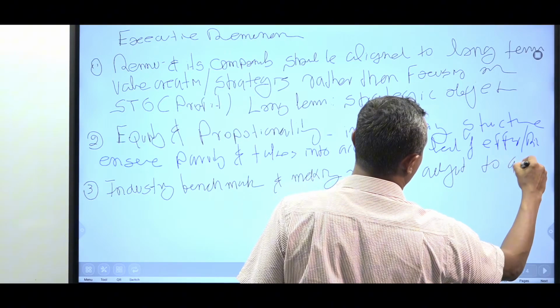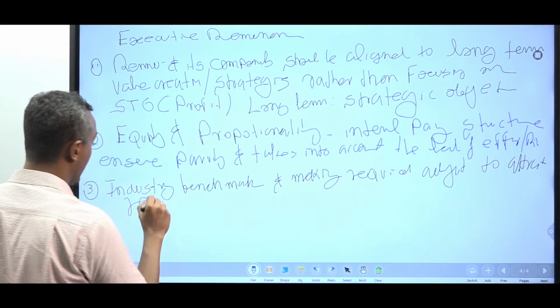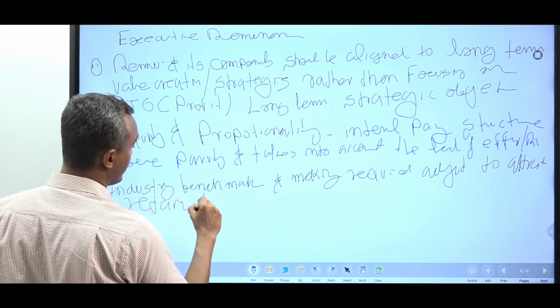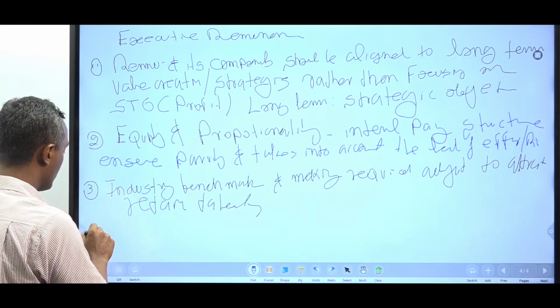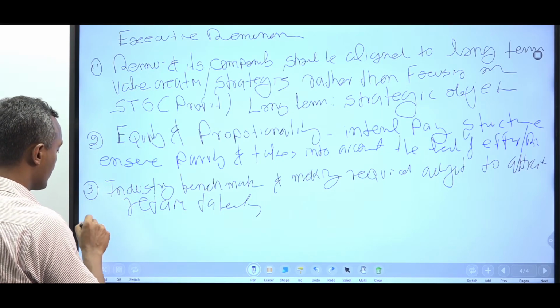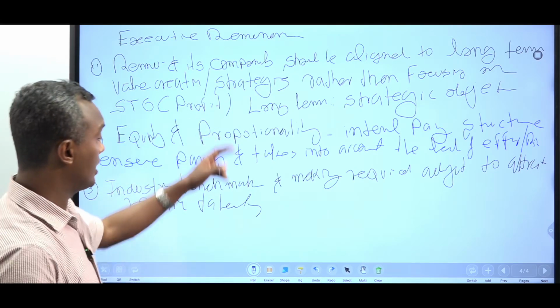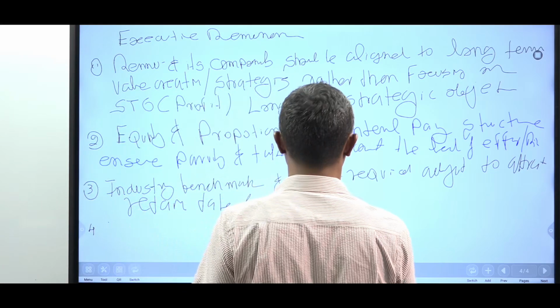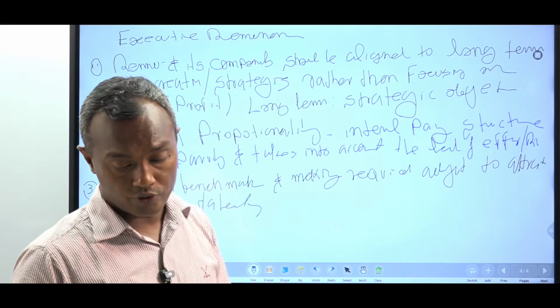To attract new talent as well as retain talent. Then what are the other important remuneration criteria? Right. Now here also you can write about what we discussed, the share ownership scheme, if you want to encourage more long-term behavior.